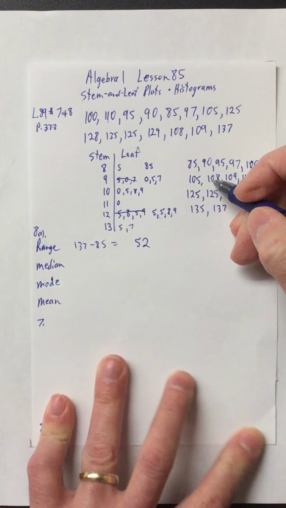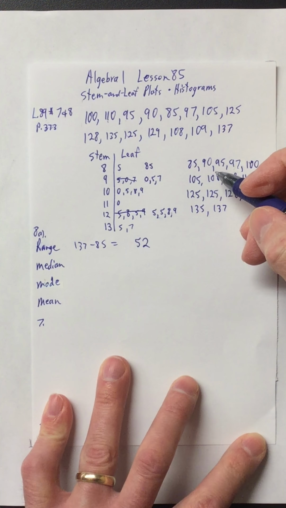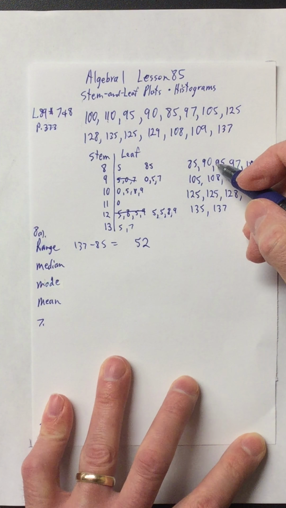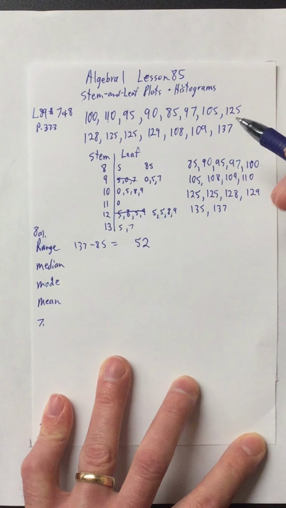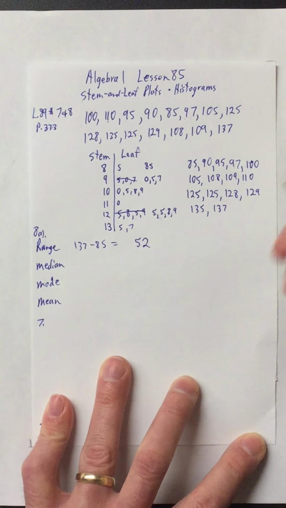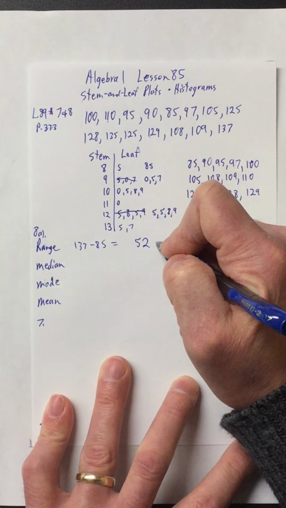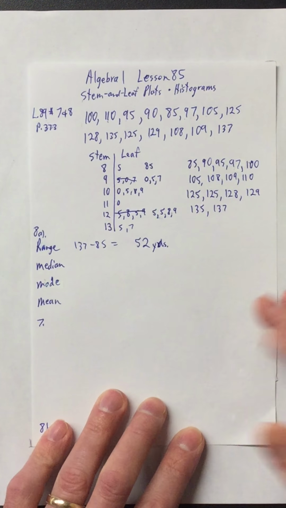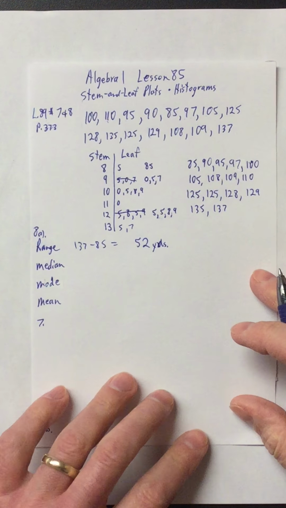Now in this problem, it says Luke tried the golf club that his wife Claire gave him and hit golf balls the following distances. They actually put these as yards. So his shortest shot was 85 yards and the longest was 137 yards. So the range between them is 52 yards. I'll put that in there as part of the problem.